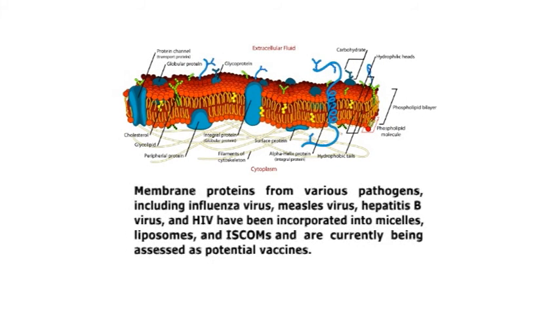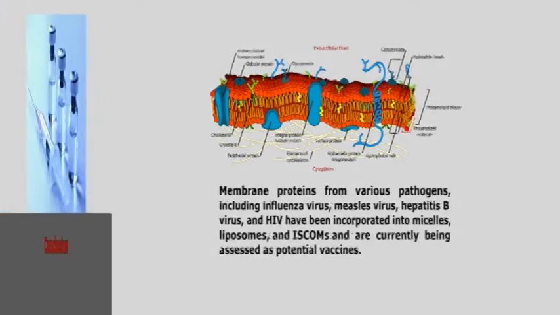For example, membrane proteins from various pathogens including influenza virus, measles virus, hepatitis B virus, and HIV have been incorporated into micelles, liposomes, and ISCOMs and are currently being assessed as potential vaccines.